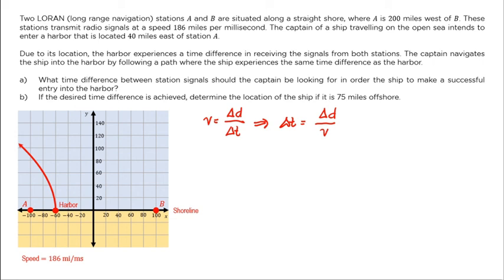If that's the case, since the harbor is on the hyperbola and it is aligned on the foci, the harbor now is one of the vertices. Okay? So here, A is one of the foci, B is the second focus, so we have F1, F2, and the harbor is one of the vertices now.